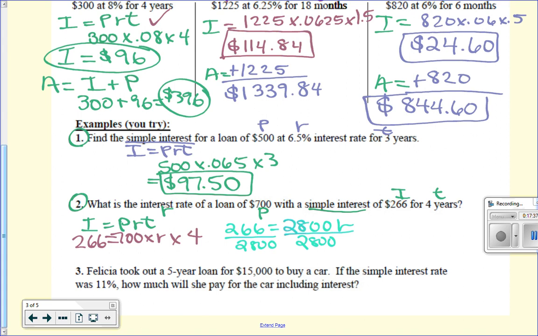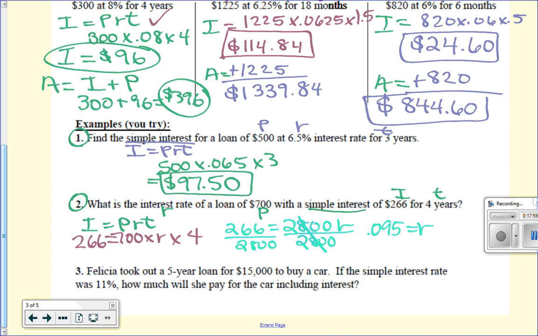So 266 divided by 2,800 gives you what? Do we have the number? 0.095. Is that how we write our rate?